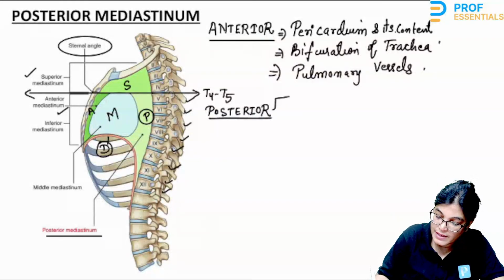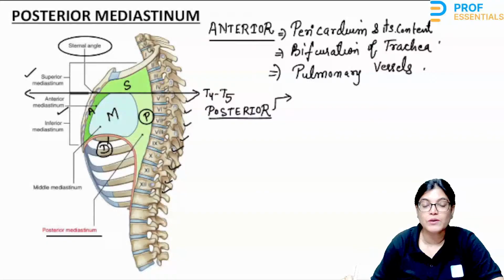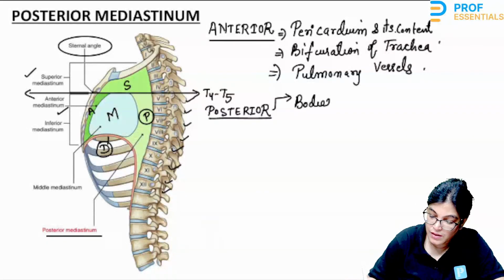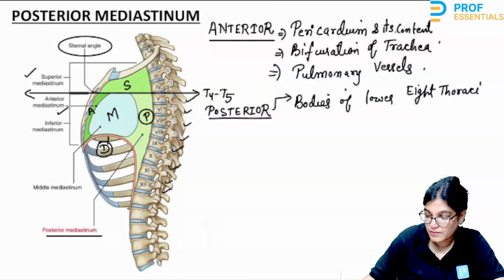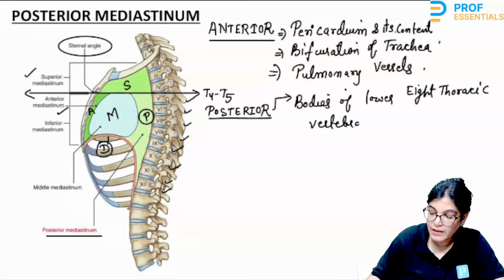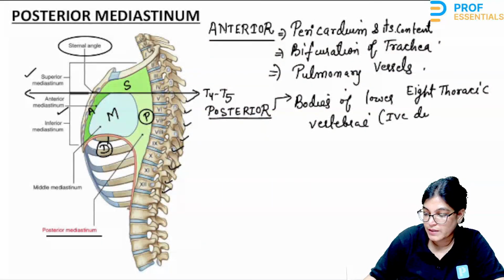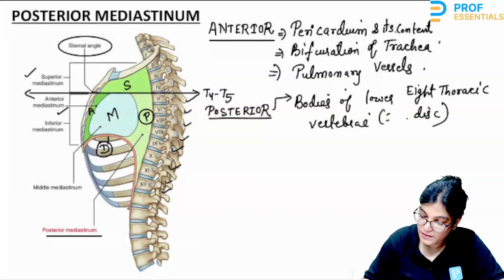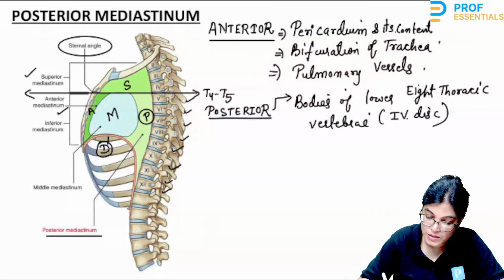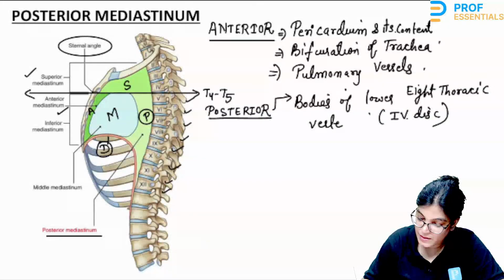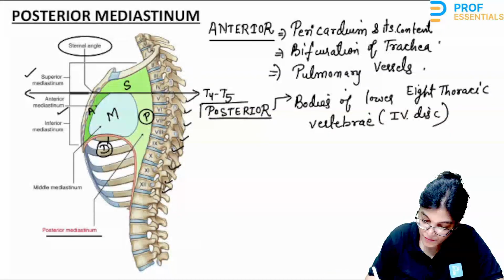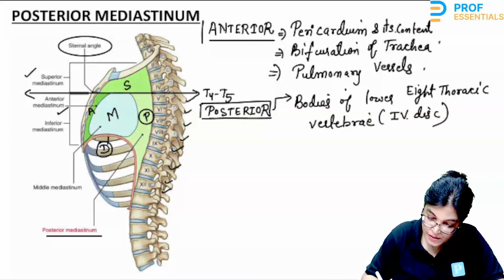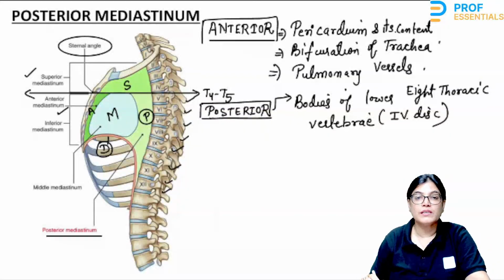Posteriorly, as we have seen in this image also, we will have the bodies of the lower 8 thoracic vertebrae and their associated intervertebral discs. So this is the boundary, anterior and posterior.